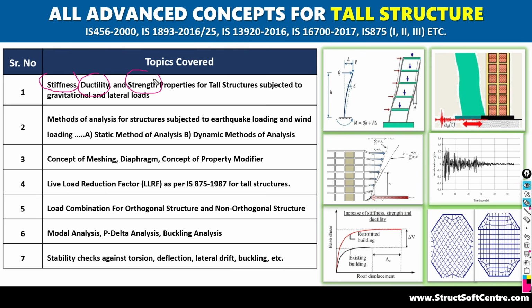Strength, stiffness, ductility: what are their definitions, how you can ensure them with your framing. आपको अपना framing इस तरीके से decide करना है कि stiffness control में हो, ductility control में हो, strength भी control में हो, in a proper proportion. And a very important and interesting discussion will be there. About 1 hour we are taking in our training program to explain these three terms, and it's important while deciding the framing for the tall structure.